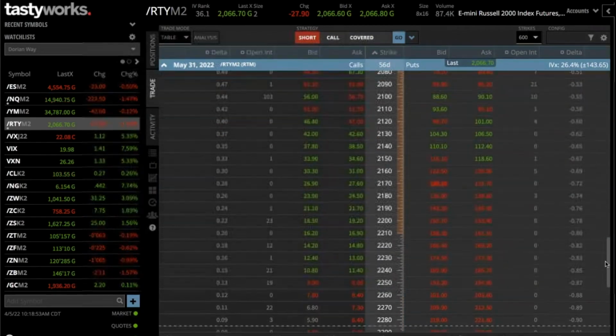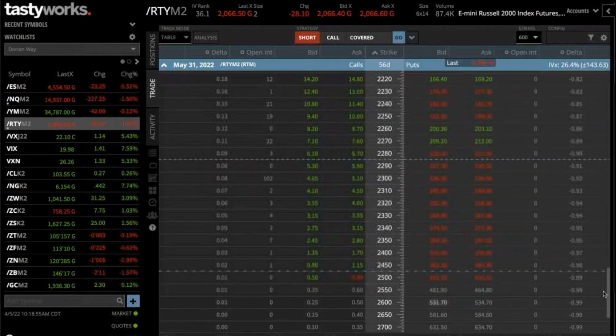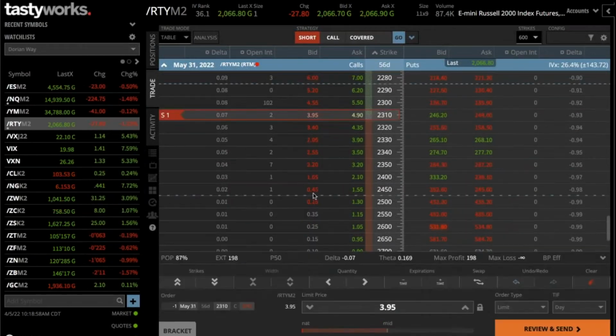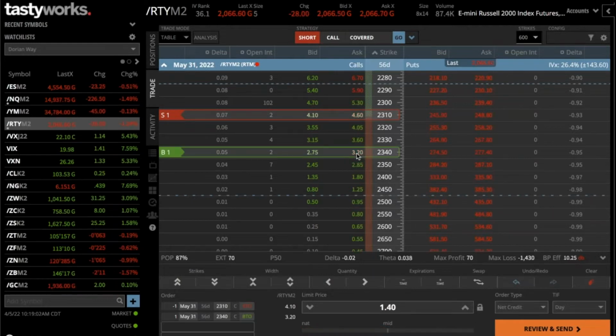So I'm going to start with the call side here, and I'm going to go to, let's say, a 7 delta on the call side, and let's look at a 30-point wide. We don't want to use more than $400 in buying power, as we indicated, and buying power is located down here on the TastyWorks platform. So you can see that this is basically no buying power for this call spread on this position.